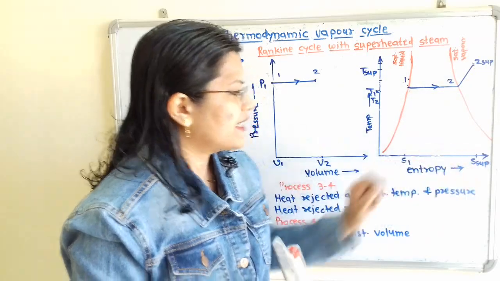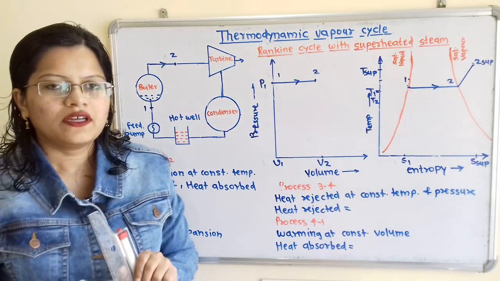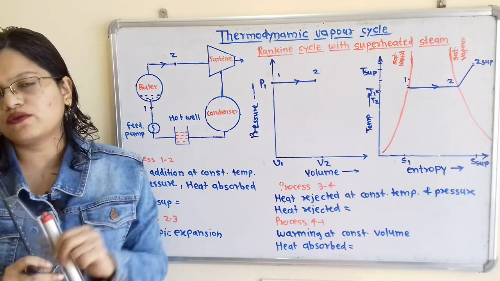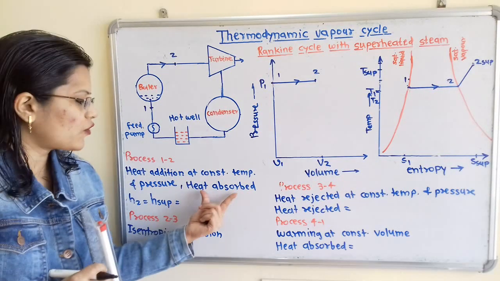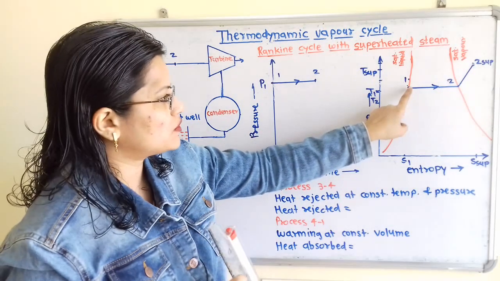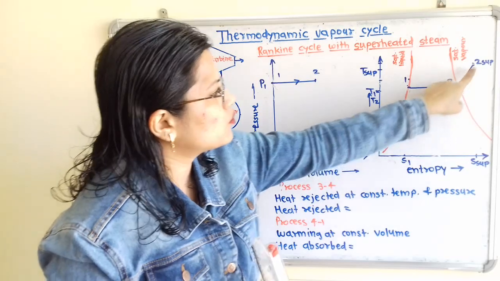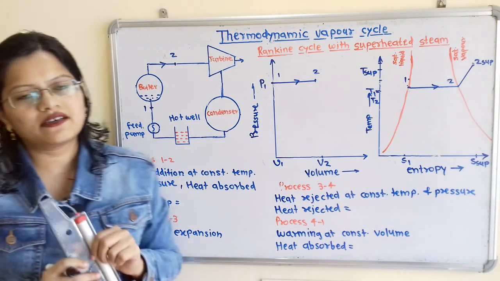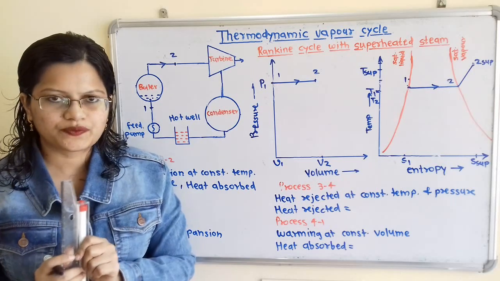and entropy S superheated. Now what is the amount of heat absorbed? So how to calculate this? The amount of heat absorbed, that is nothing but H superheated, during this whole process from 1 to 2 and 2 to 2 superheated. So how to calculate this? We will say here that it will be H2.